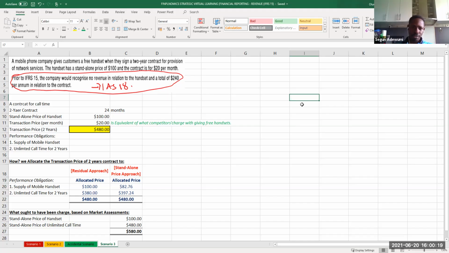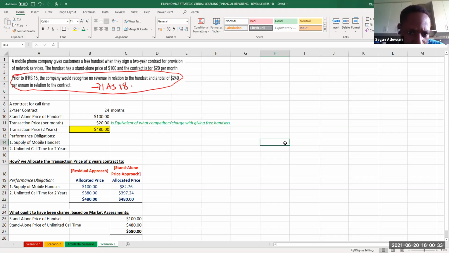Are we still going to treat any question that we addressed, the third method of allocation? And also, I want to look at your comment: is equivalent of what competitors charge without giving free access. So it should be without.